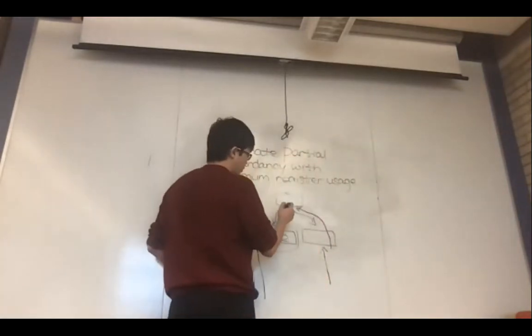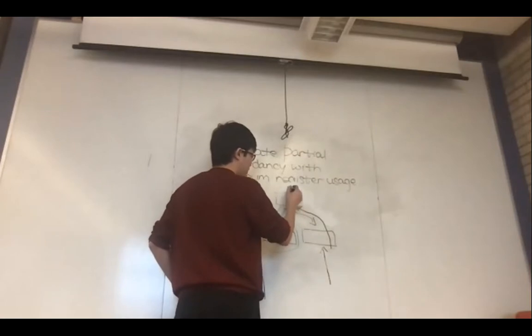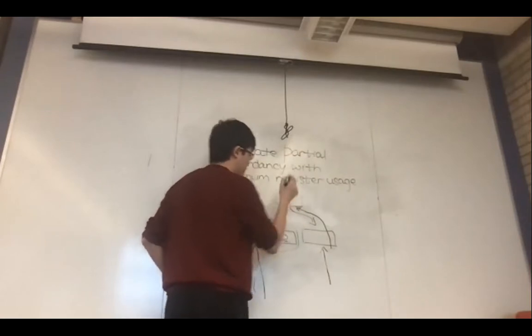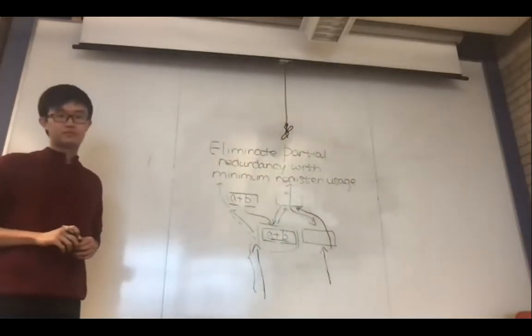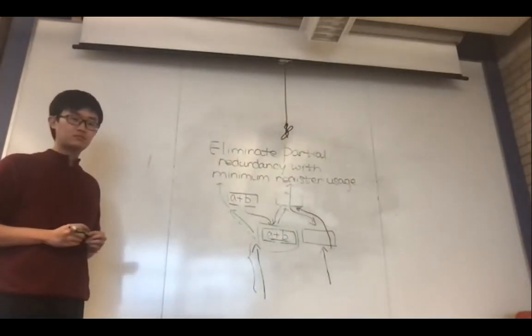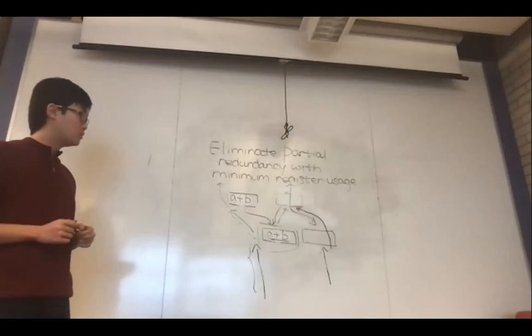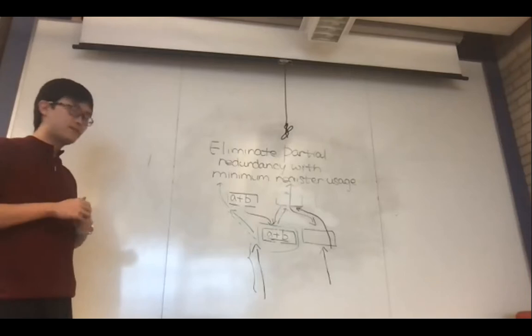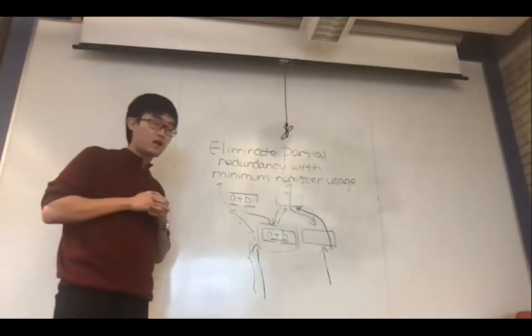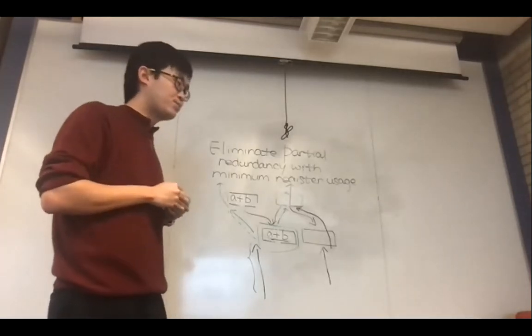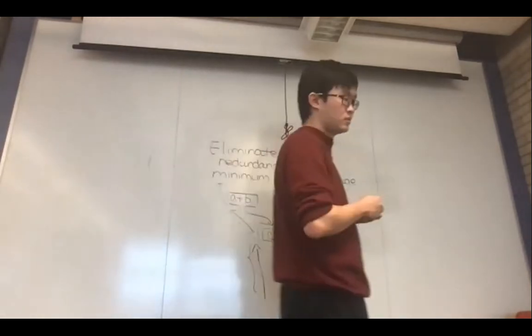Therefore, after applying the meet operator, we can see that expression a plus b is not anticipated from this point onwards. Okay. Does anyone have any questions regarding the anticipated expression data flow analysis?